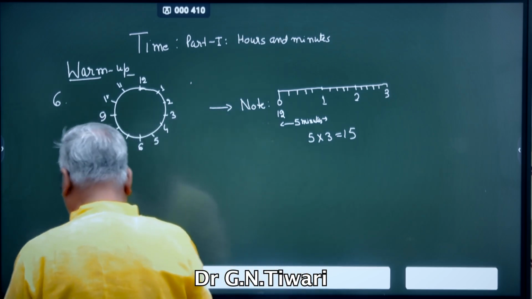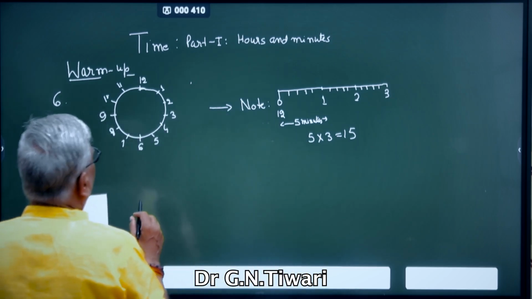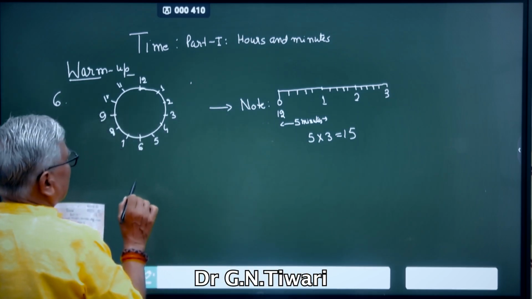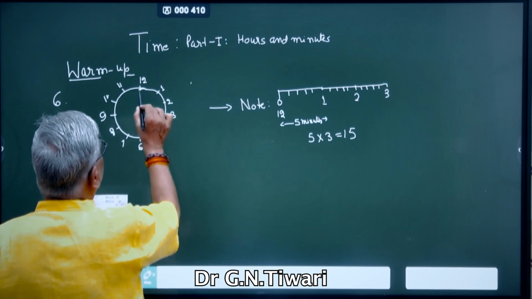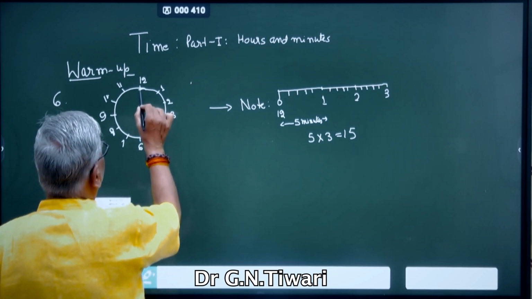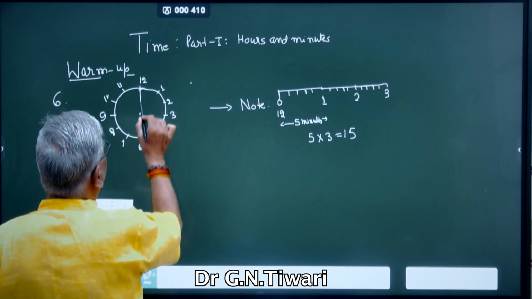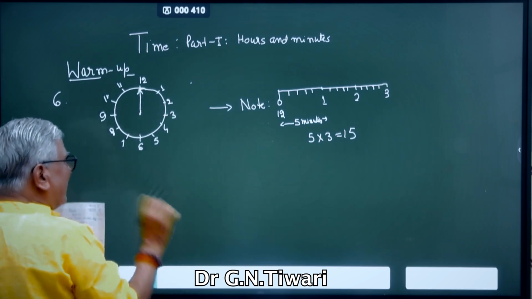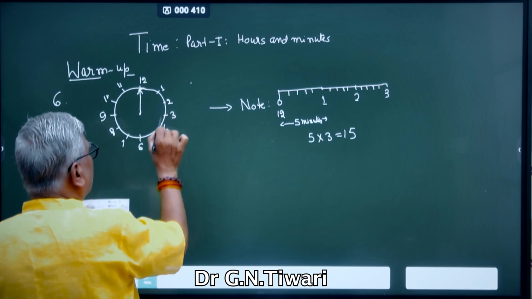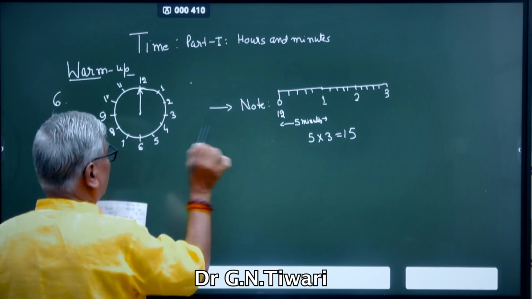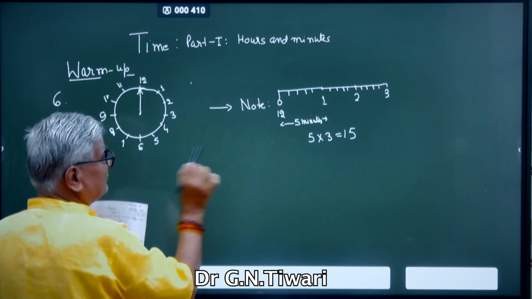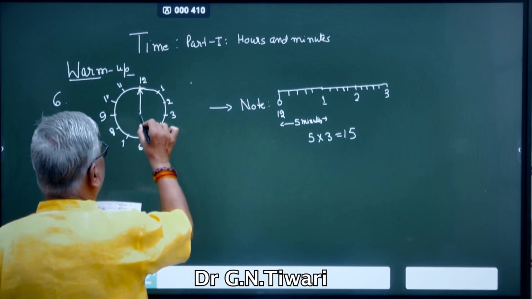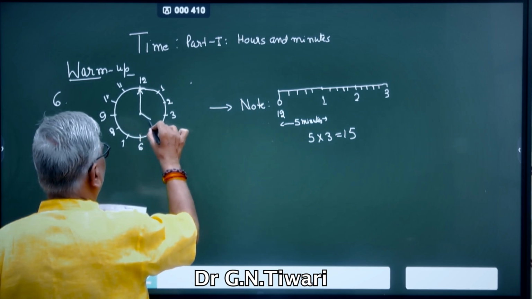So here I am making a point about how to read minutes, and if this is at the 12, suppose the big hand is at 12, that means the small needle will be exactly on 1, 2, 3, 4, not before and after. I hope I have explained the before and after. Suppose it is here 4.